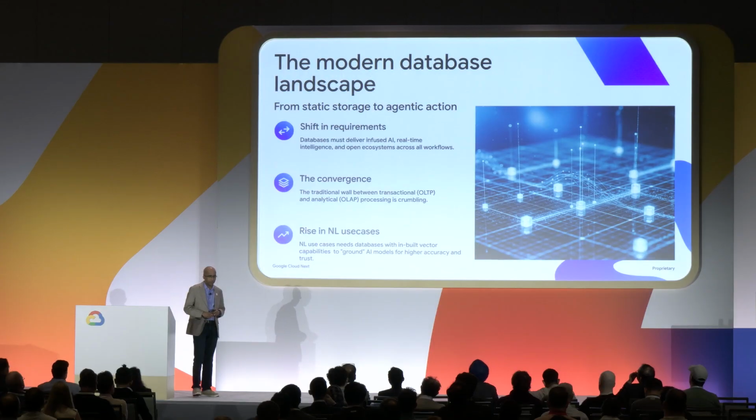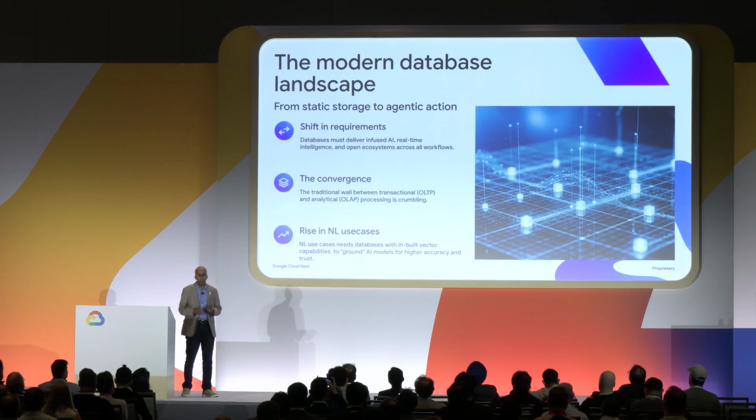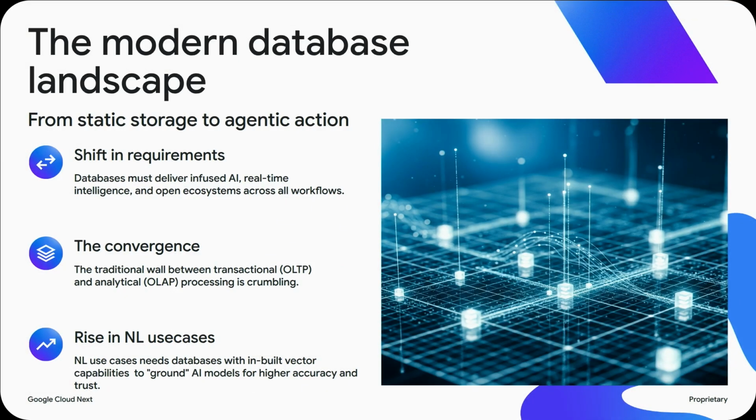So, the current trend. We are witnessing a fundamental once-in-a-generation shift, and we all know that. The modern database landscape is moving from static storage to enabling agentic action. But this massive shift is driving three key requirements for any modern database.